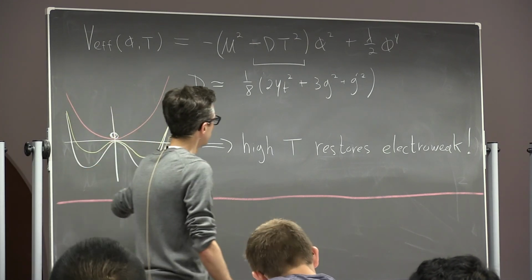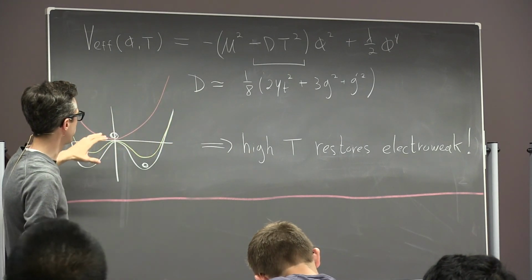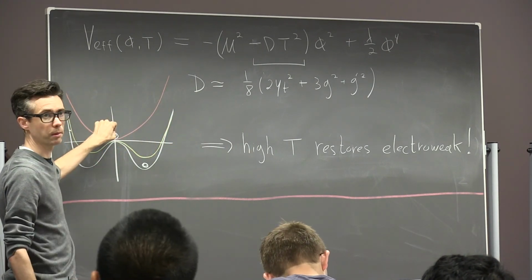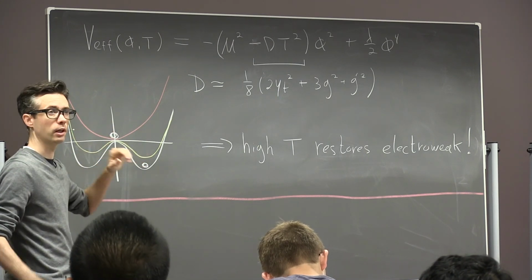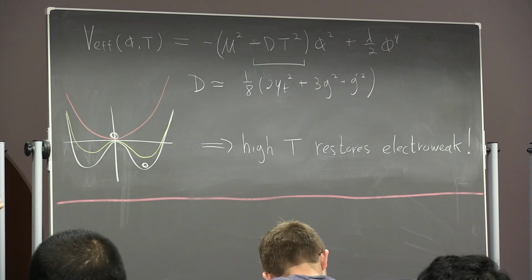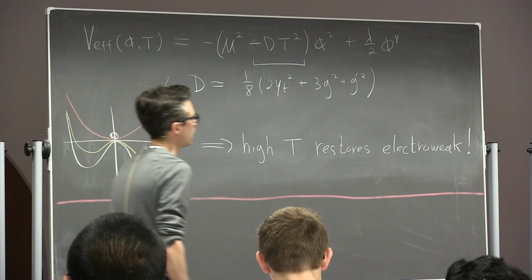This also means that if I start at a high temperature and cool down, eventually I'm going to go from a global minimum at zero field value to a global minimum at a non-zero field value, and that's going to correspond to what we call the electroweak phase transition. And it's in that electroweak phase transition that we're going to do electroweak baryogenesis.